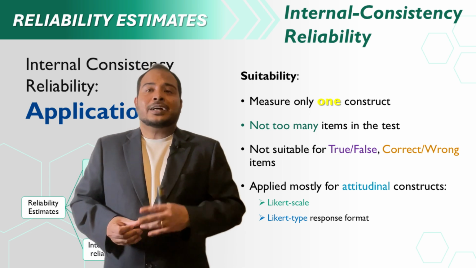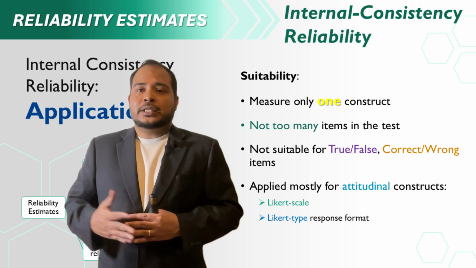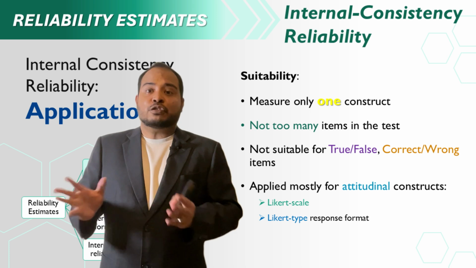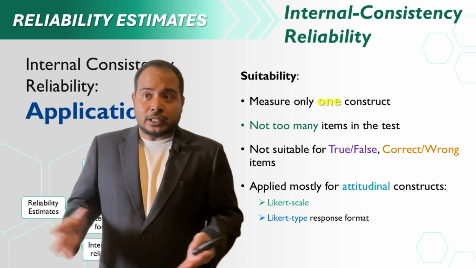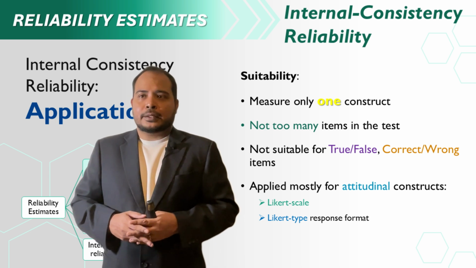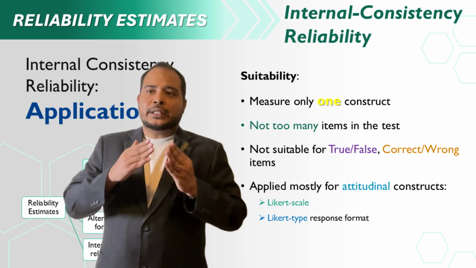Cultural intelligence tests have 20 items. Social intelligence has 21, for example. So they are in different ranges, but you will not find a test that has like 100 items that uses internal consistency reliability.